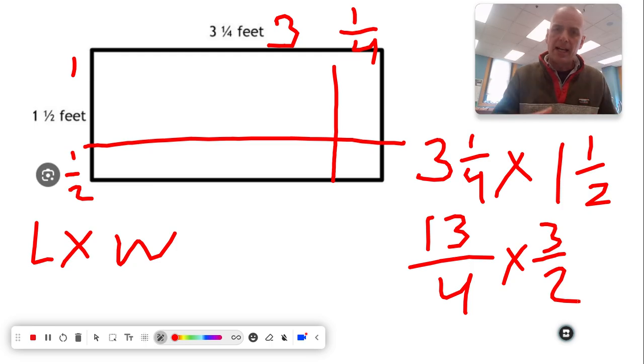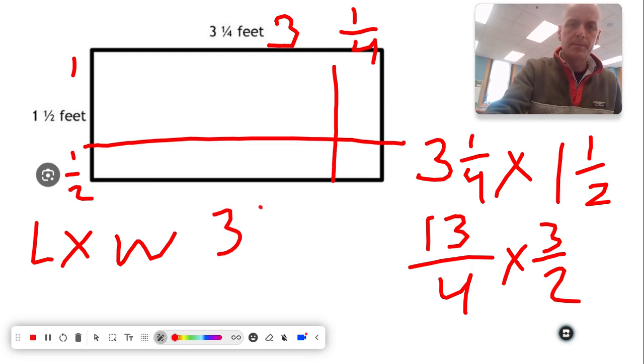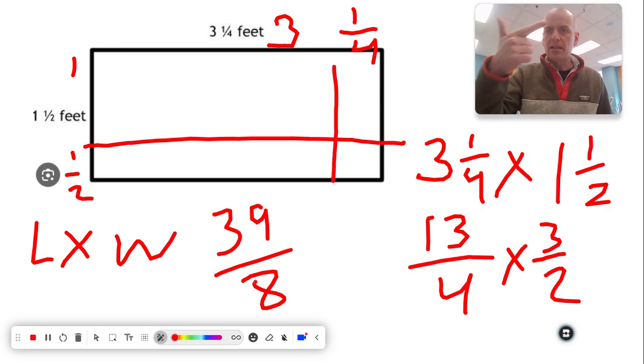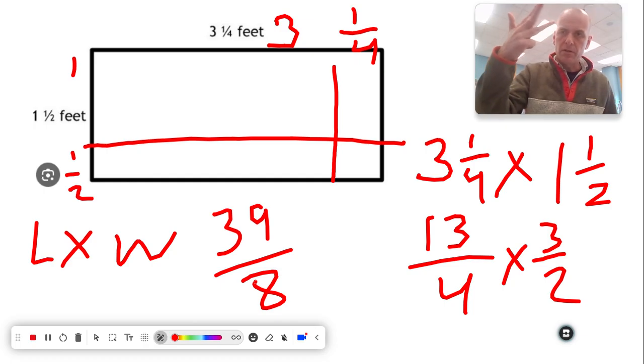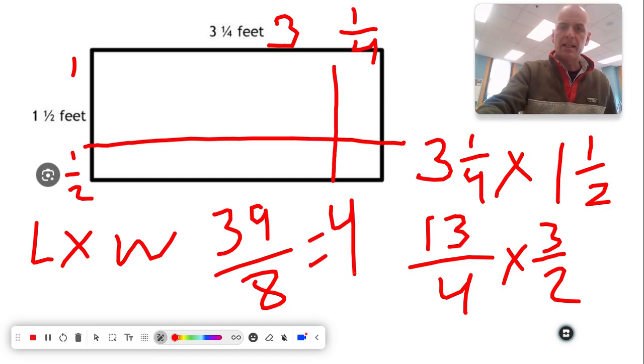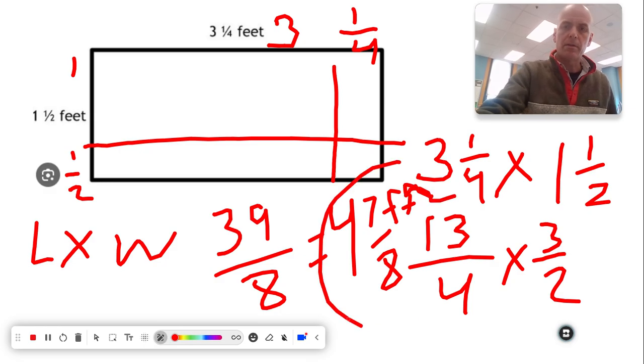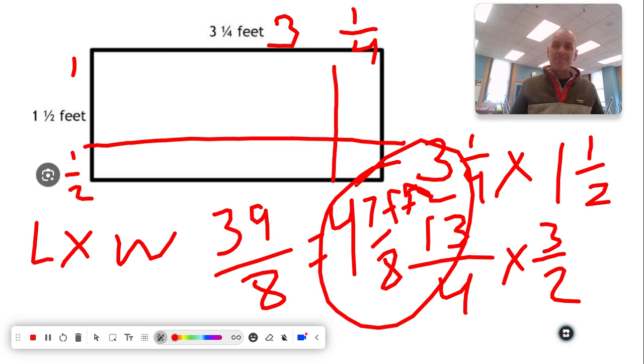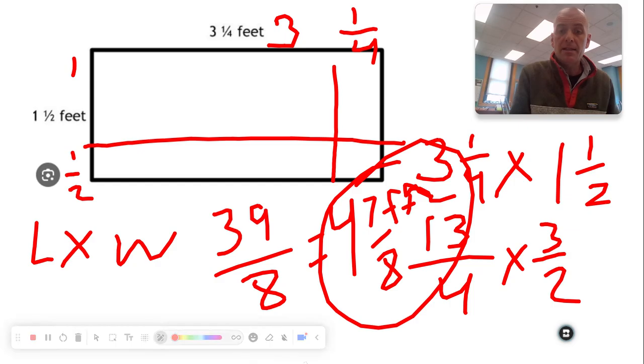Then we get 39/8, which is 8, 16, 24, 32, so 4 wholes, so 4 feet and 7/8, okay? Feet squared. Okay, that's it. You just turn the mixed numbers into improper fractions and multiply, just like we did last unit.